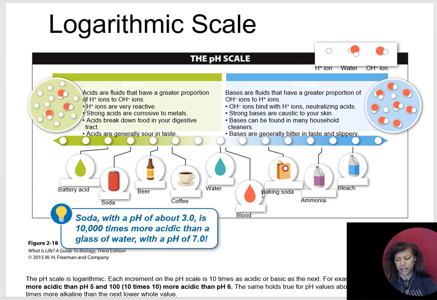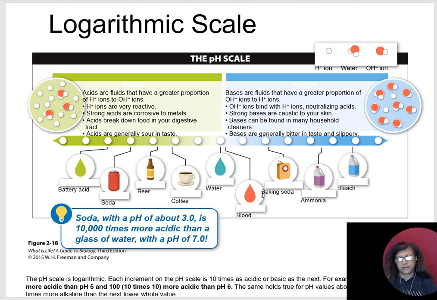So when we look at these two things, this hydrogen ion and also the hydroxide ions, acids are fluids that have a greater proportion of hydrogen ions. That's a definition of an acid. And a base, they're fluids that have a greater proportion of hydroxide ions, OH negative. That's what a base is.